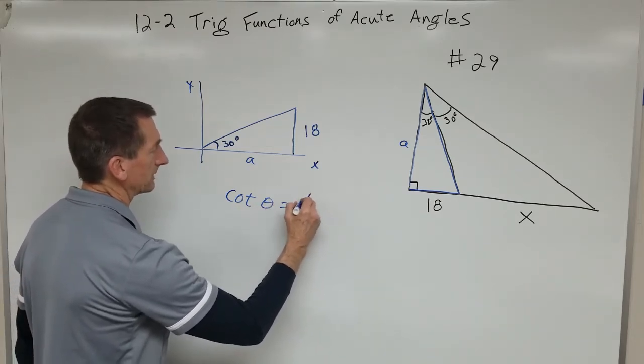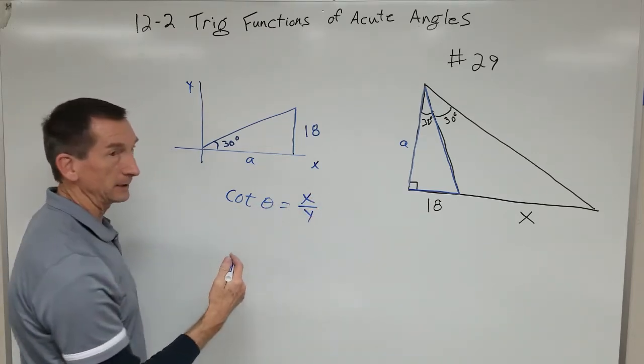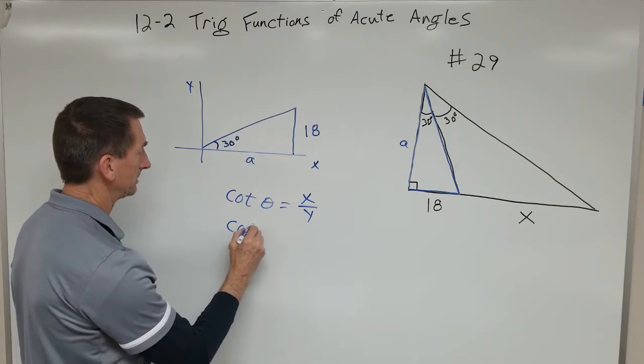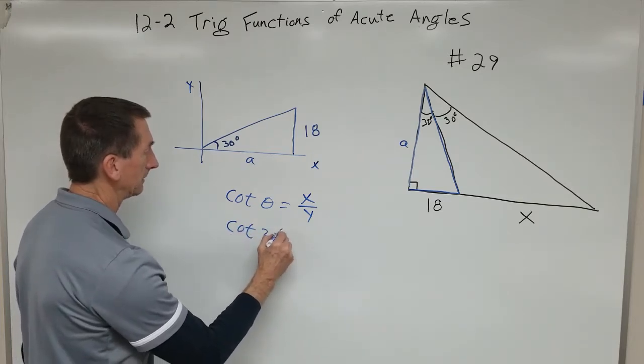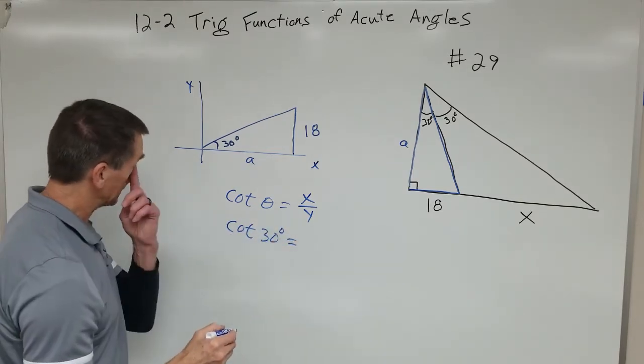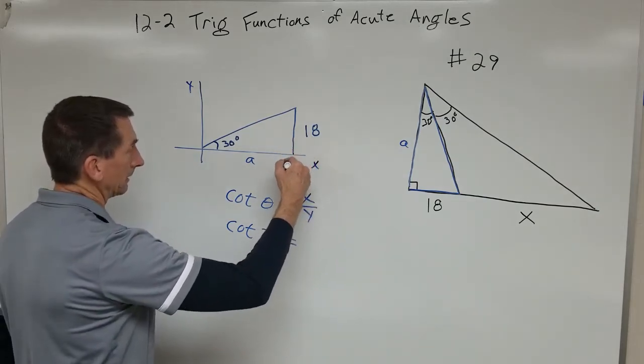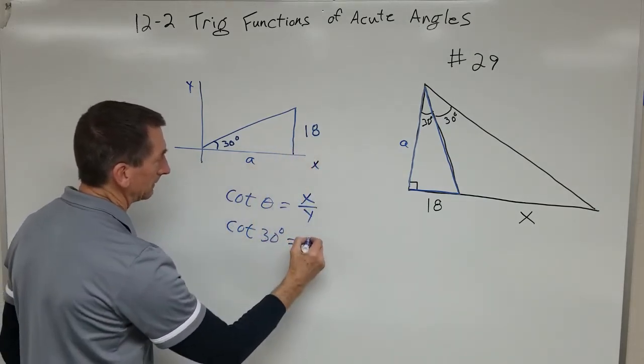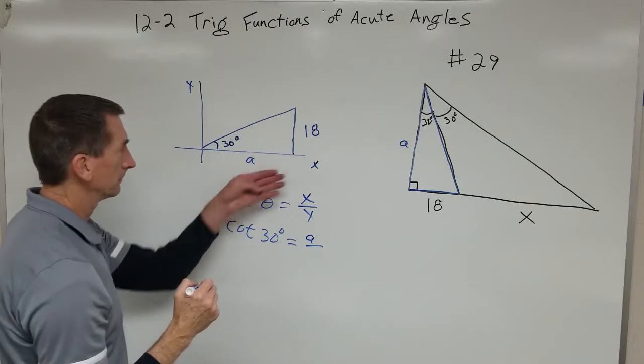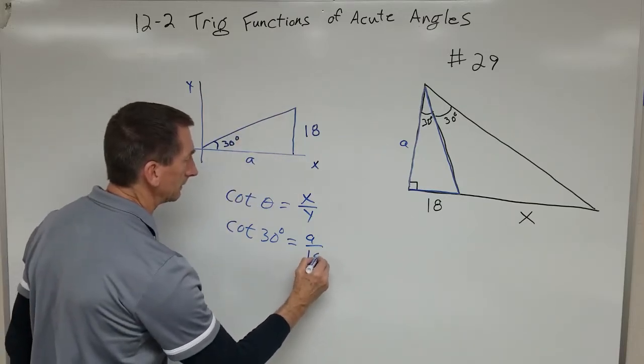Cotangent is, of course, x over y. In our case, we have cotangent of 30, which is x, which is a, over y, which is 18.